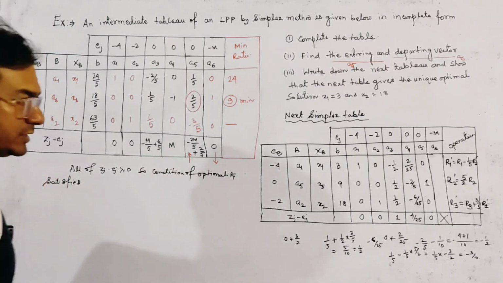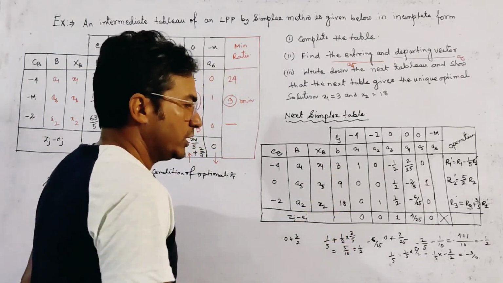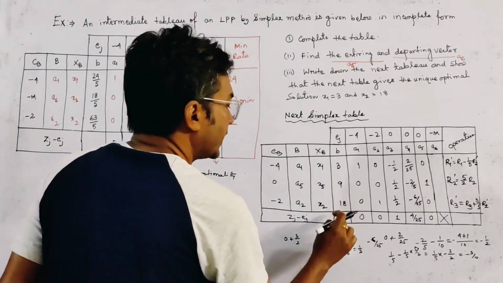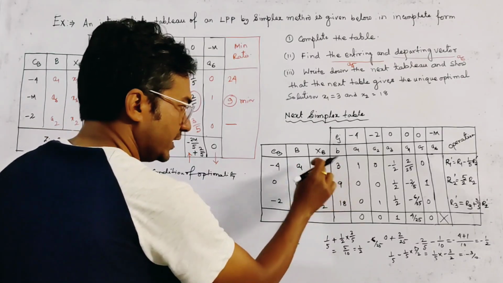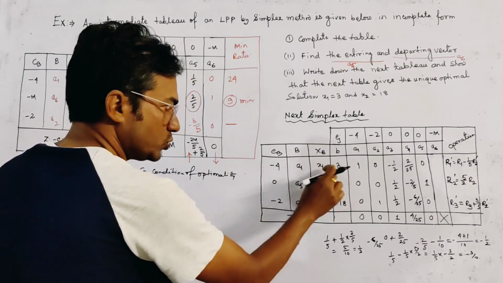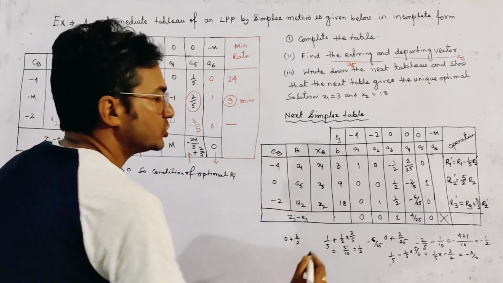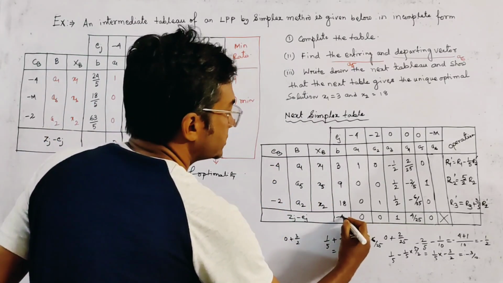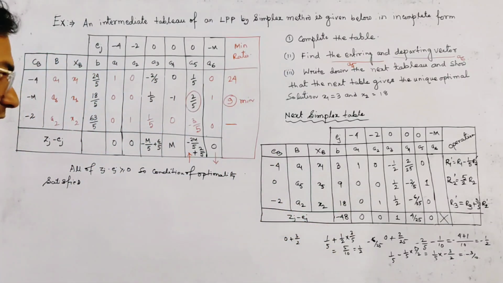In this case we calculate this cell also, and the calculation of this cell is minus 4 into 3, that is minus 12, and minus 2 into 18, this is minus 36. So we get minus 48. This is the optimal value of the objective function.